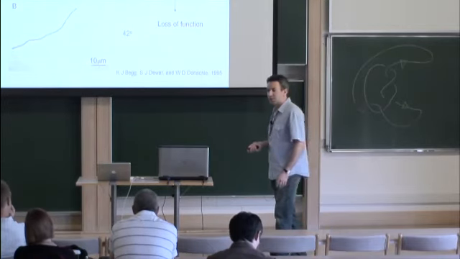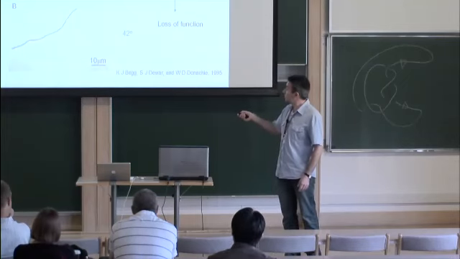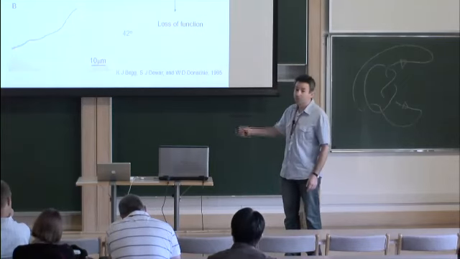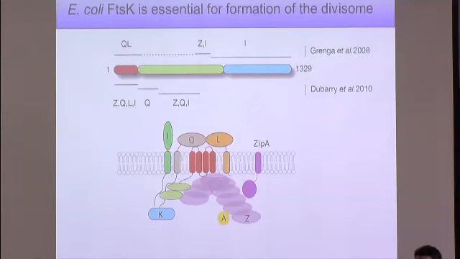And you switch to a high temperature, the protein becomes inactive, and the cells can no longer divide, and you get these massive long sausages of filaments of cells, and eventually they burst and die. And so this protein FtsK stands for filamentous temperature-sensitive mutant K. So FtsK somehow is involved in cell division.